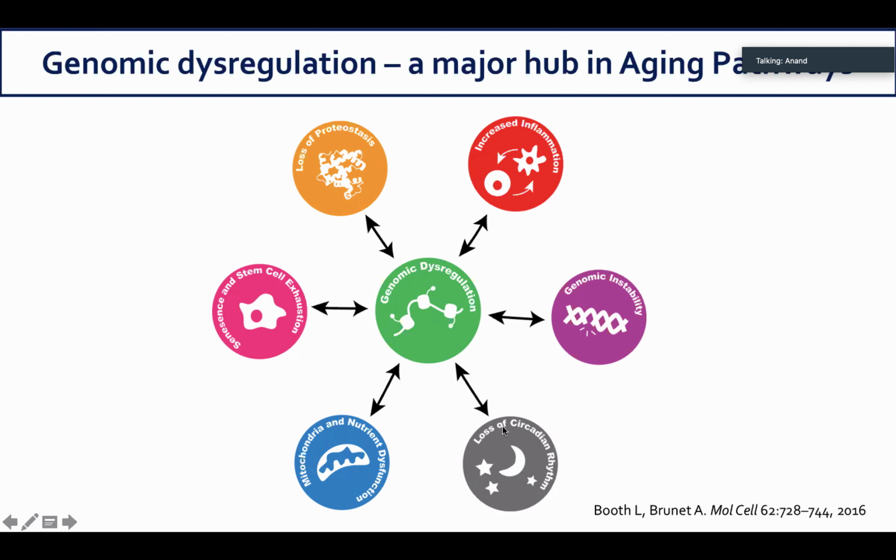Much of these are fairly common changes that are observed in multiple different tissues and cell types, but I think they all in some way converge on this genomic dysregulation. So we'll talk about genomic dysregulation a little bit.